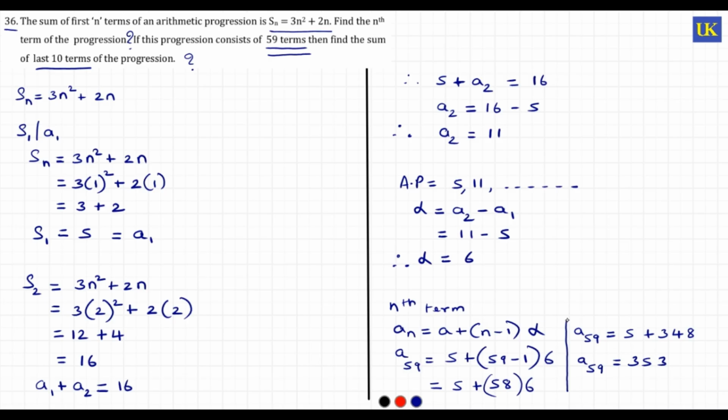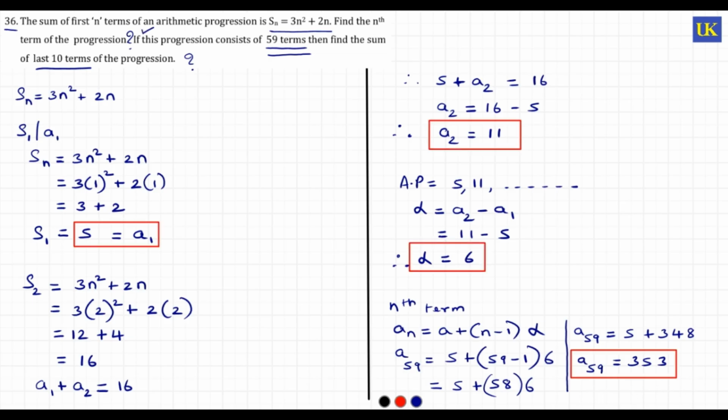So we have essentially solved the first question here. So these are our answers. Okay. So A1 is 5, A2 is 11, common difference D is 6, and A59 is 353. So we have solved the first question. Now we will see the second sub part of the same question on the next page.